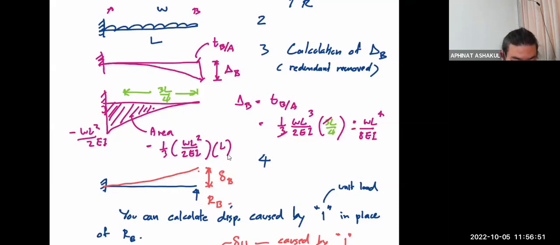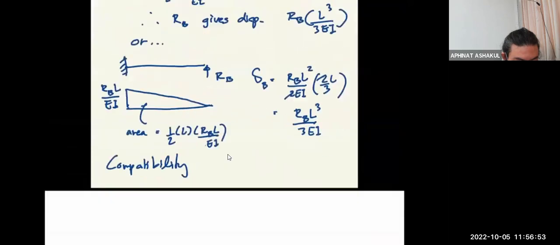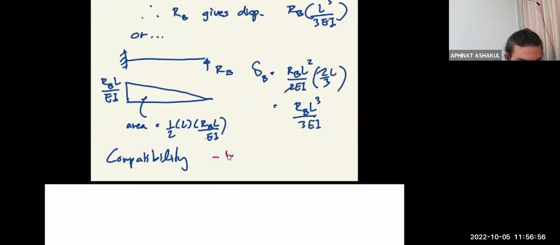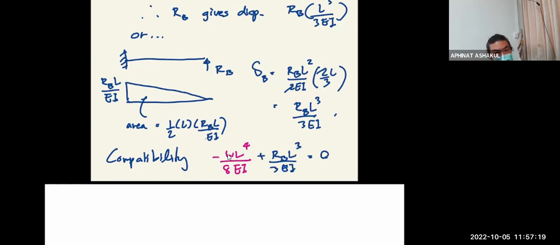So I can put minus WL to the power 4 over 8EI. That's the displacement caused by the uniform load. Negative here represents the downward direction, and this is the upward direction. So it's plus RBL cube over 3EI equal to 0. That is the compatibility equation.